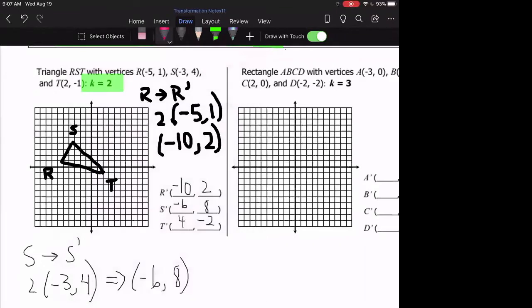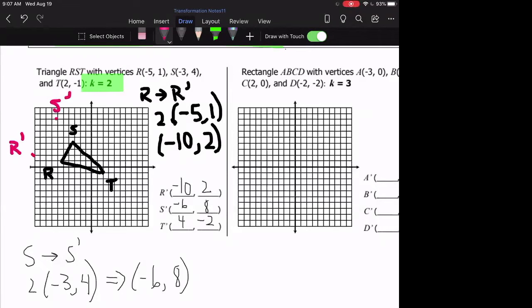I'll draw this one in pink. I'm going to go to -10, 2, which is right here, and that's going to be R prime. Then the next one is -6, 8, and that's S prime.